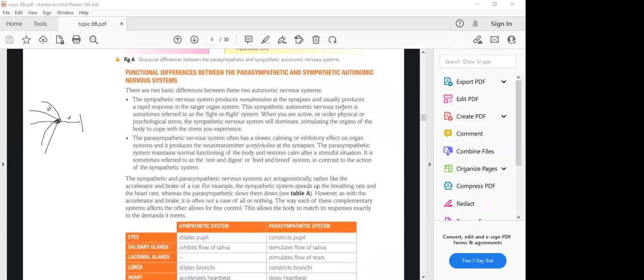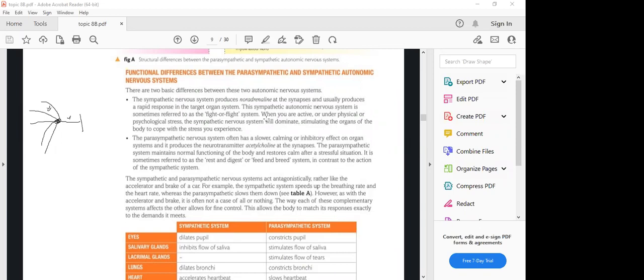This sympathetic autonomic nervous system is sometimes referred to as the fight or flight system, right? When you are active or under physical or physiological stress, the sympathetic nervous system will dominate and stimulate the organs of the body to cope with the stress you experience, right?